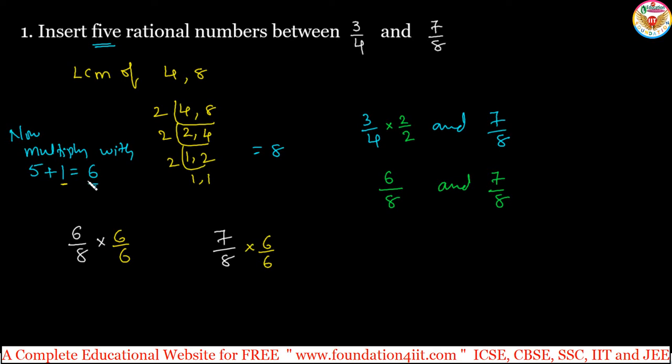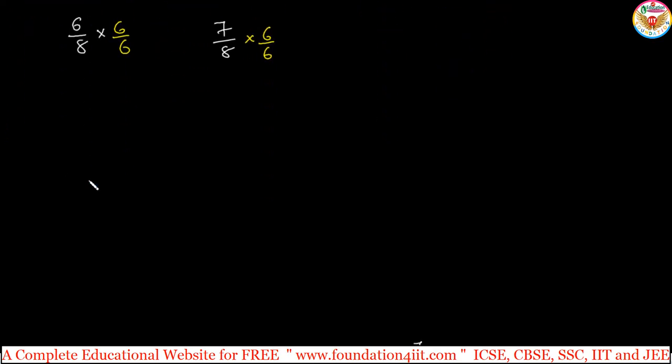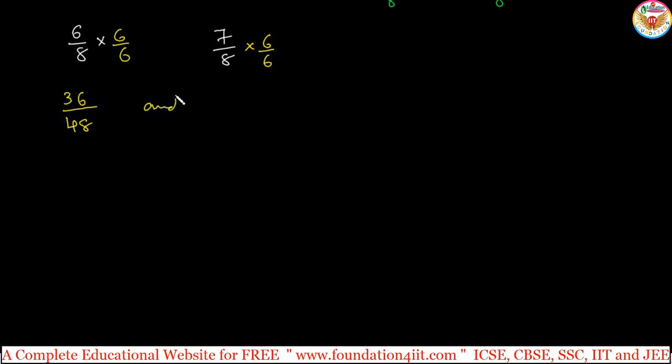Now 6 into 6 is 36, 8 into 6 is 48, and 7 into 6 is 42. So between 36 by 48 and 42 by 48, we can write the numbers.